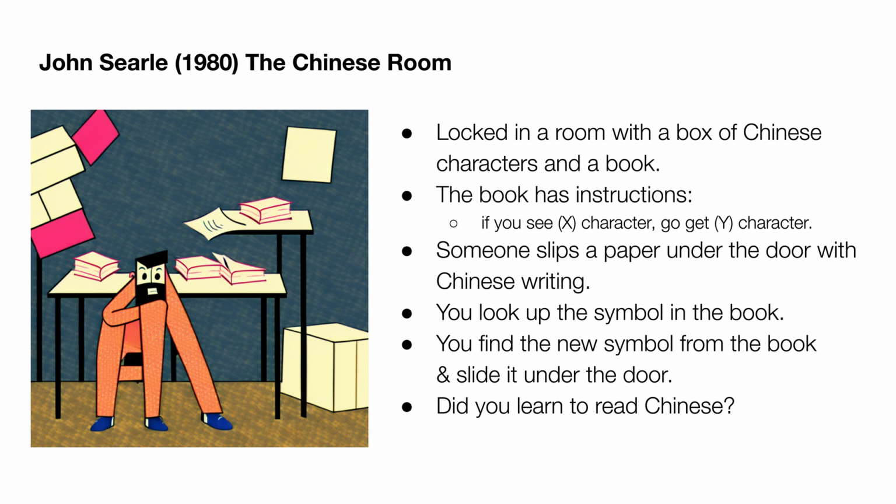There's also a book, like a dictionary, but instead of a definition in a language he can understand, he can only find which box he's supposed to go to in order to pull out another Chinese character that he doesn't understand, in order to hand it over as a response.